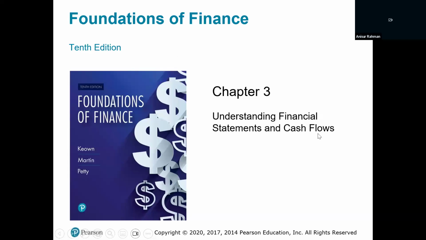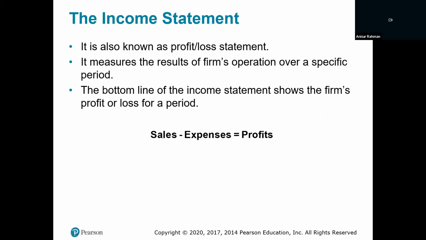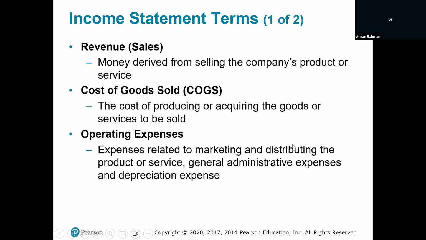Understanding financial statements and cash flows. So what is an income statement? Remember to read thoroughly so that you understand how it is different from the balance sheet or any other financial statement. The basic idea of the income statement is sales minus expenses is equal to profits.